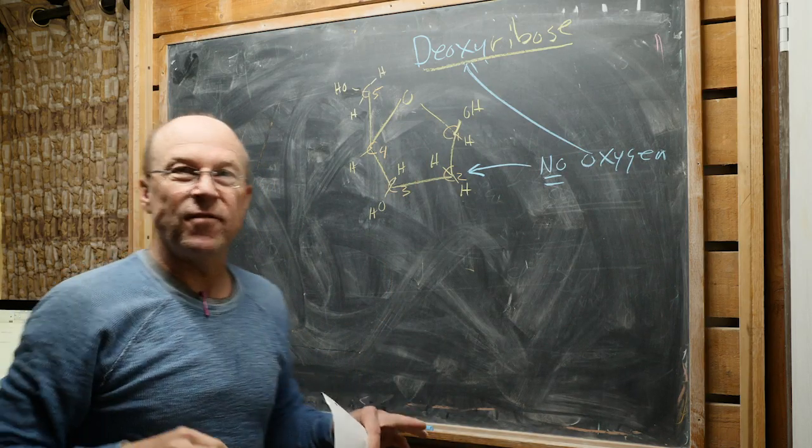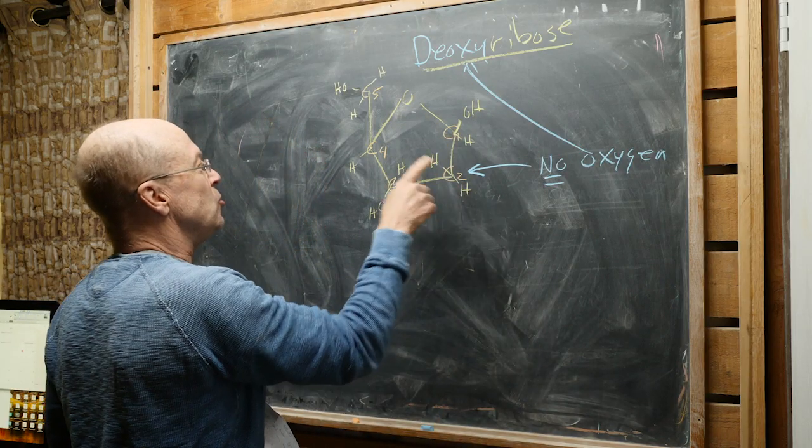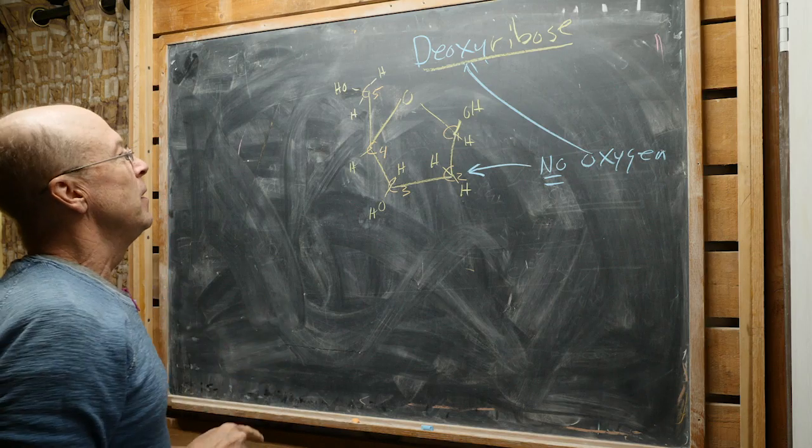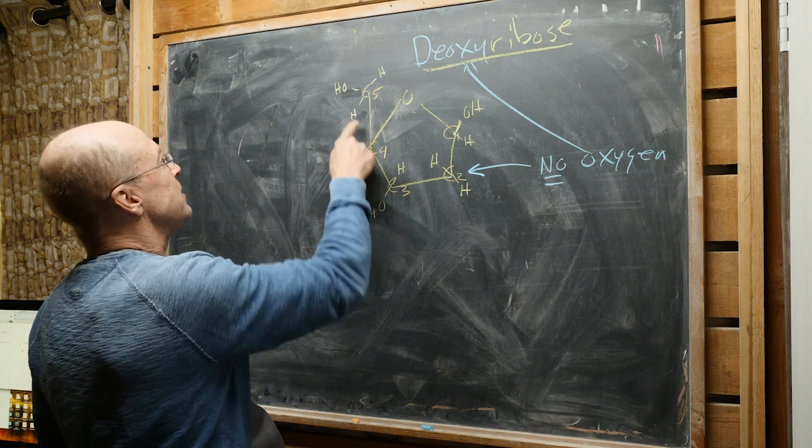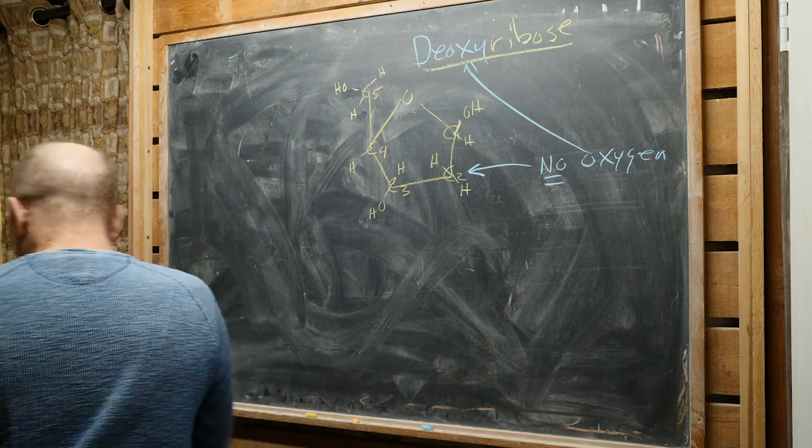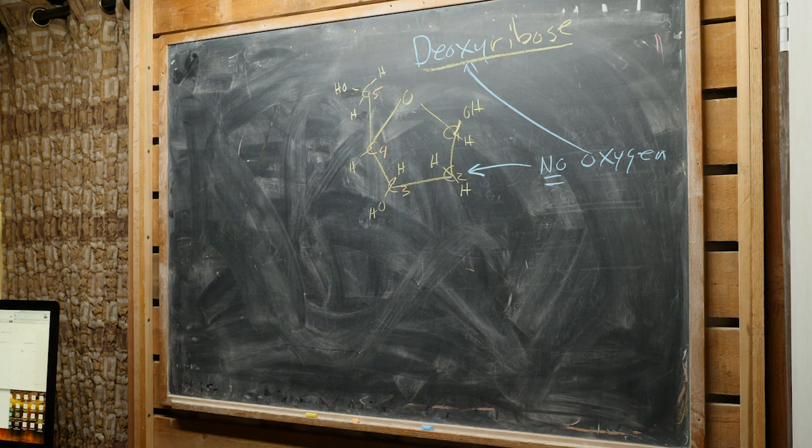So this is a 5-carbon sugar, 1, 2, 3, 4, 5, and it has these beautiful, tasty hydroxyl groups that are just waiting to be stuck on something.